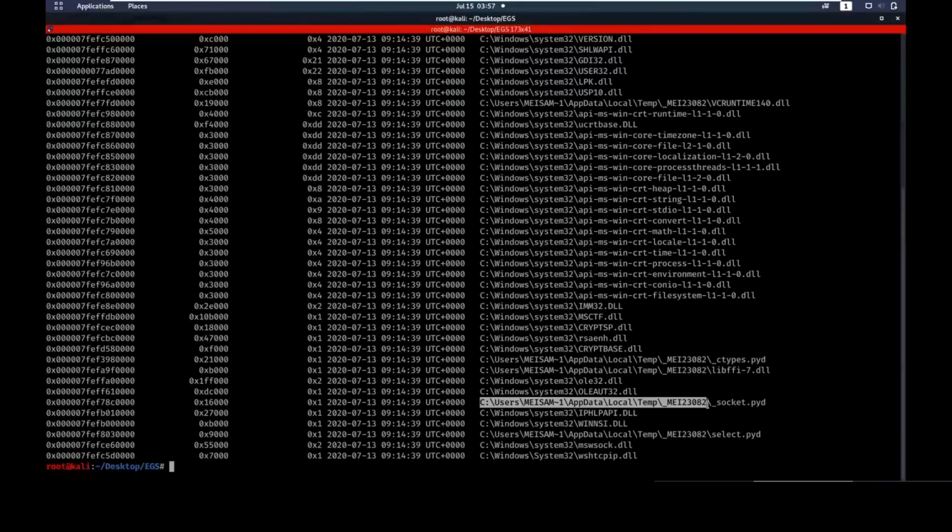Guess what that is? So I assume that particular process is located in a temp. Is the temp folder in my Meisam user account a normal place for the SVC host process? Definitely not.